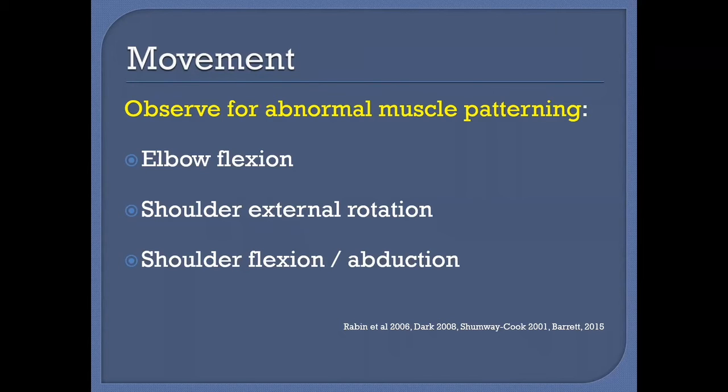So typically patients that use their lats a lot, they'll kind of clamp their arm into the side, and you can really feel their lats kicking in, and their external rotation is often quite poor. So if you can get them to unclamp and just see whether they can externally rotate. If they still can't do it, I'll probably take them into supine with their arms supported and see whether they can do it then as well.